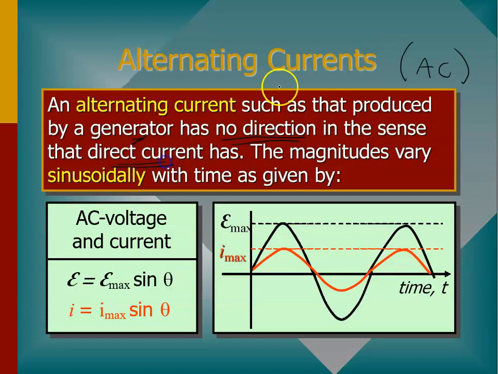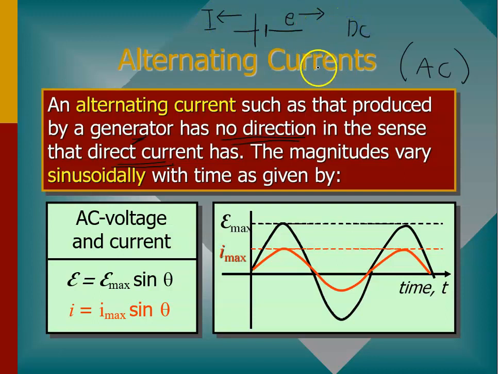Direct current, as you know, if this is my power supply and the electron moves towards here, then the current will move towards here, and vice versa. This is direct current.